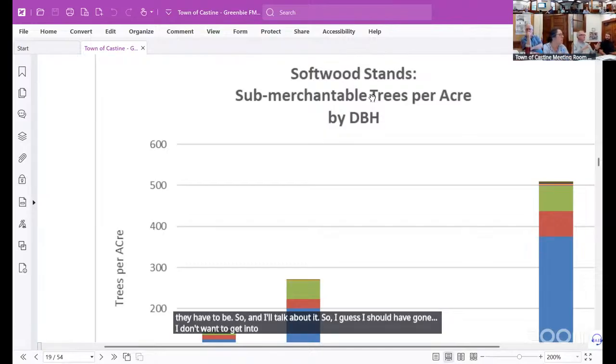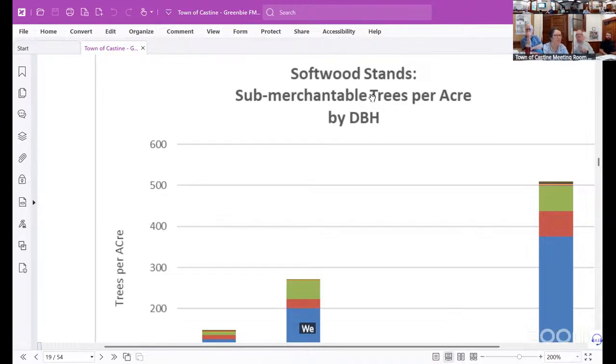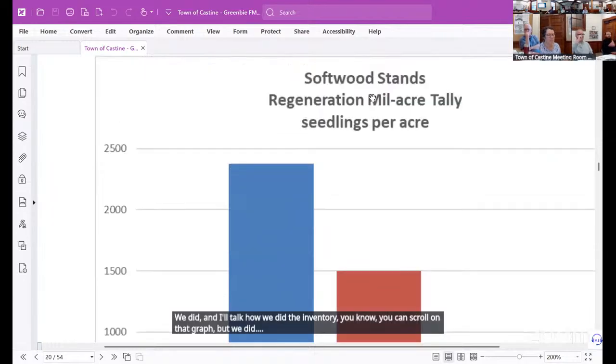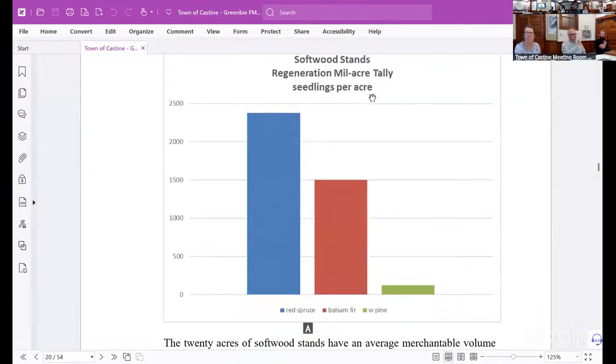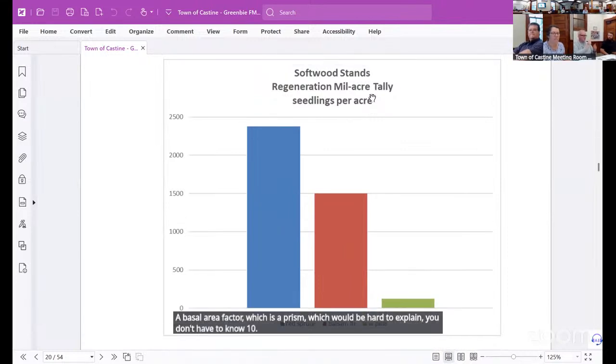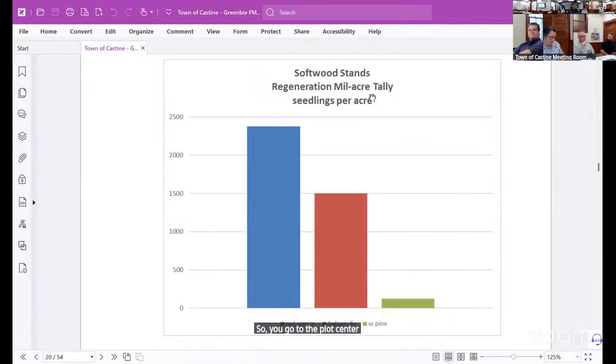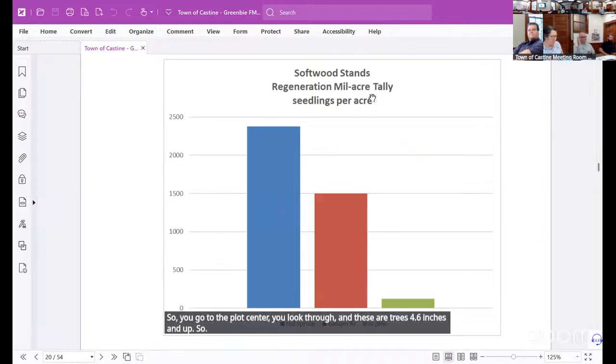I'll talk about how we did the inventory. We did a basal area factor, which is a prism, which would be hard to explain; you don't have to know that. You go to the plot center, you look through, and these are trees 4.6 inches and up. So the adults, if you want to call them, are mature trees that have volume.